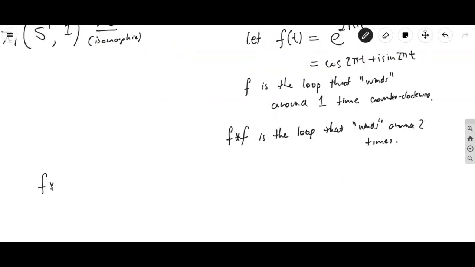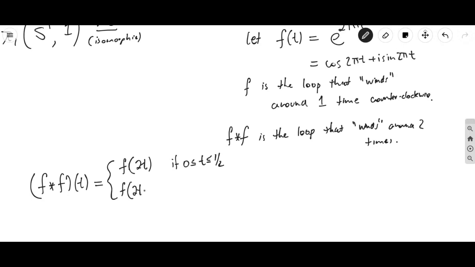Let's actually do a calculation. If you do f juxtaposed with f itself, this is going to be equal to f of 2t if t is between 0 and the half, and then it's f of 2t minus 1 if t is between 1/2 and 1.